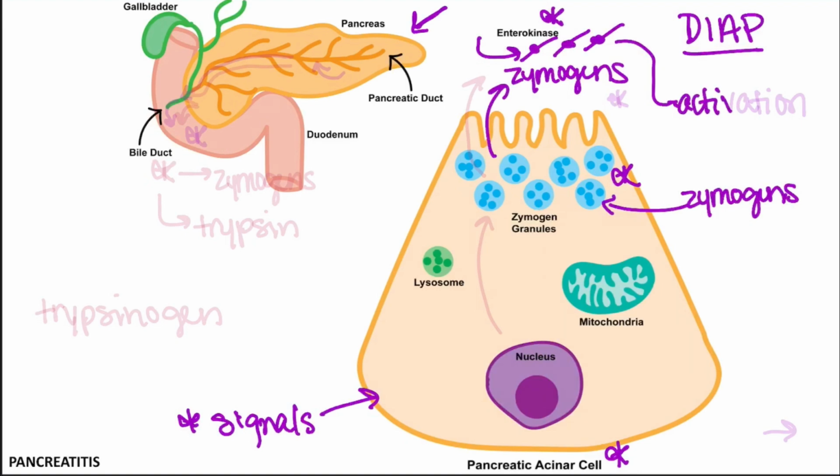And this activation only occurs after the secretion of these zymogens and release from the acinar cells into the pancreatic duct, which then combines with the bile duct to then empty into the duodenum to then interact with that enterokinase, become cleaved and activated to then be able to aid in digestion. So we will use trypsinogen as an example.